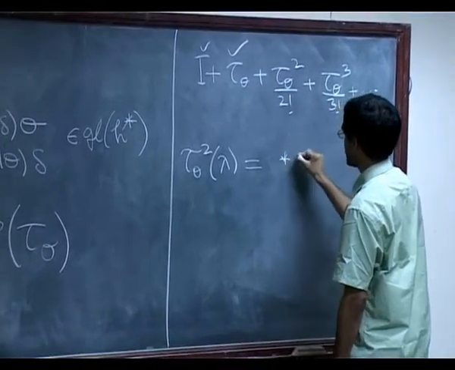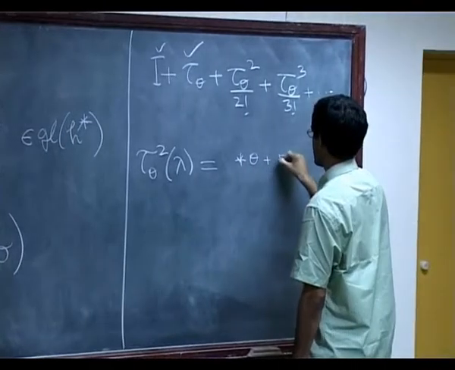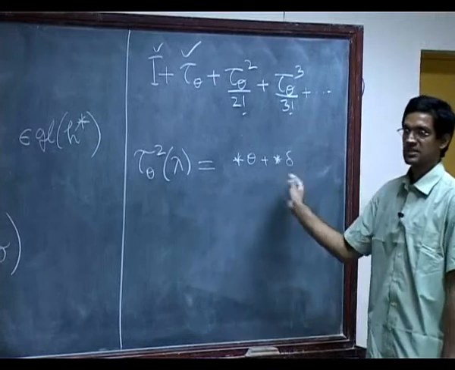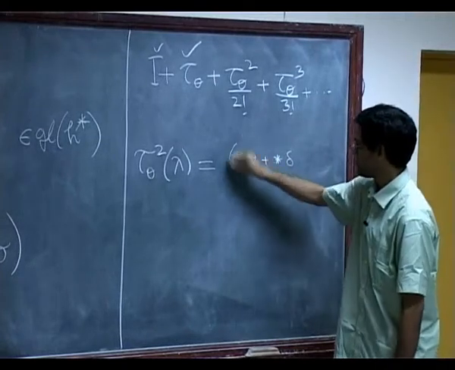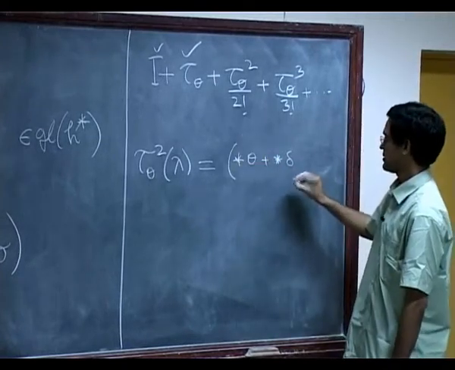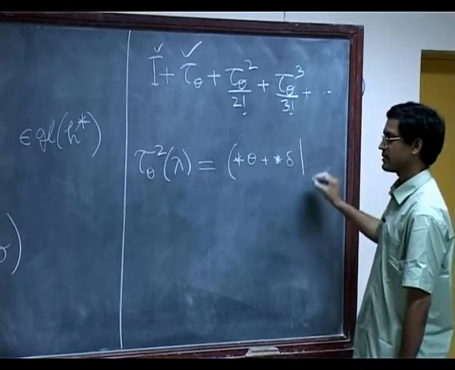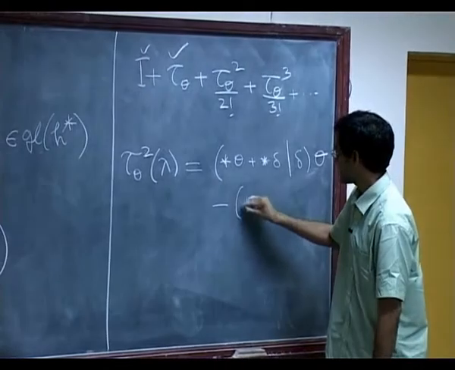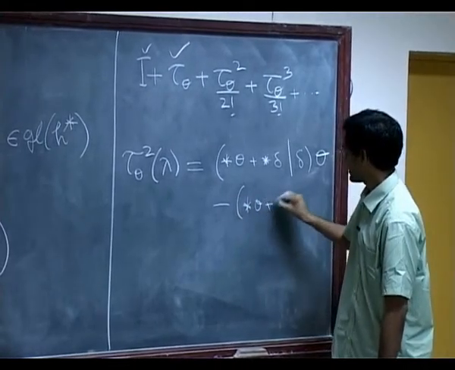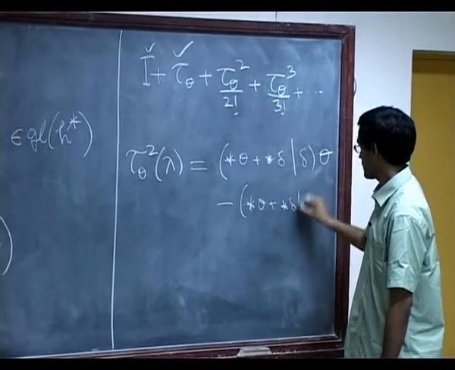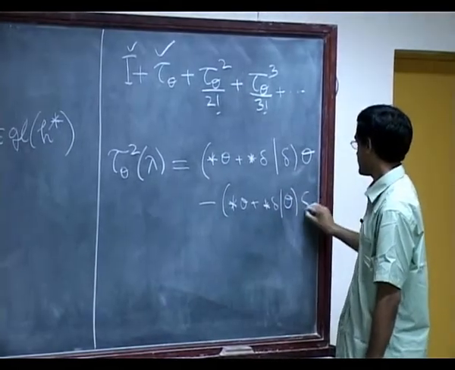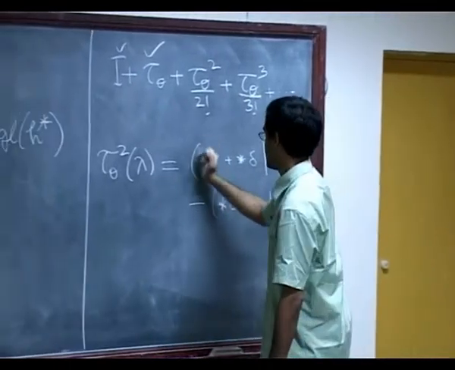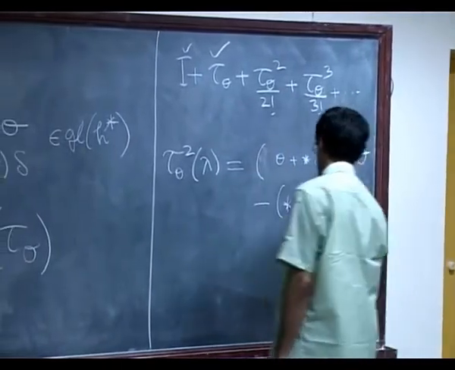Let me just say some multiple of theta plus some multiple of delta, that is what tau theta of lambda becomes. I will worry about these multiples later if I really need them. Then I need to take this with delta and multiply by theta, minus the same thing, some multiple of theta, some multiple of delta, with theta and multiply by delta. Maybe I will call these multiples A and B, since I might need them.